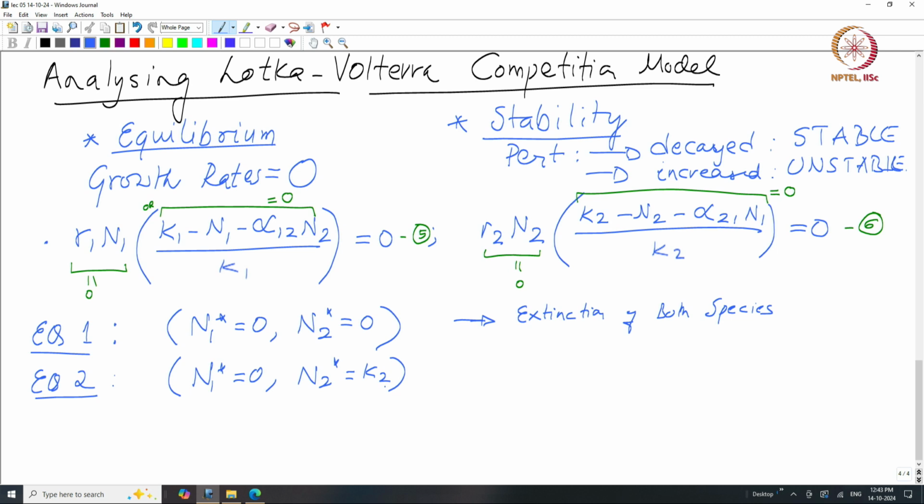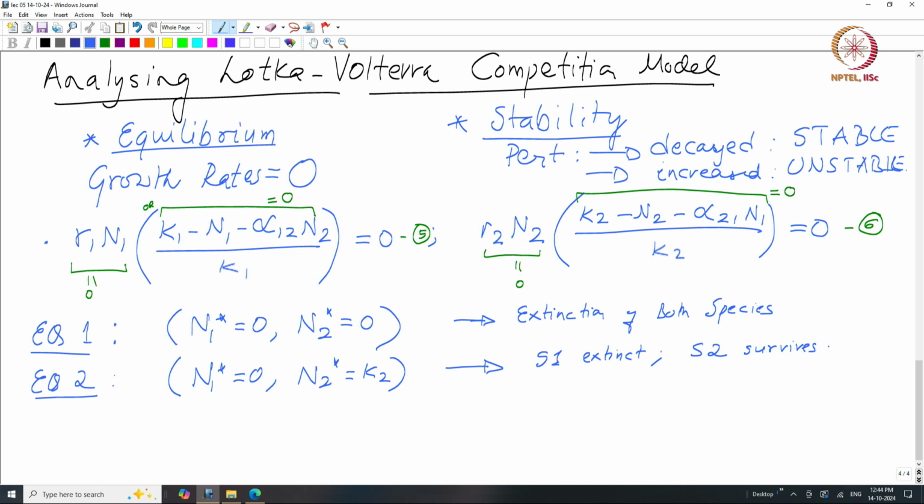You would have noticed that I am using the notation star. Usually we use this notation star above the population variable to indicate that we are looking at equilibrium solutions. Okay. So, the second equilibrium solution corresponds to species 1 being absent and species 2 being at carrying capacity. Only species 2 is present in this case. So, S1 is extinct, S2 is at carrying capacity, S2 survives at carrying capacity, right.